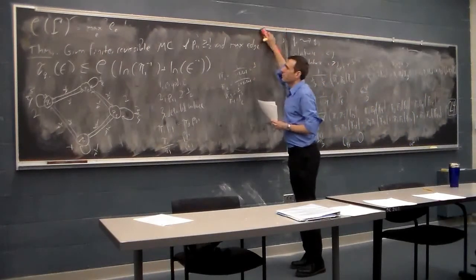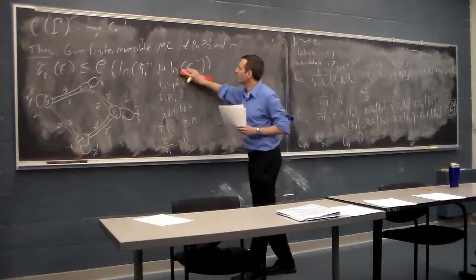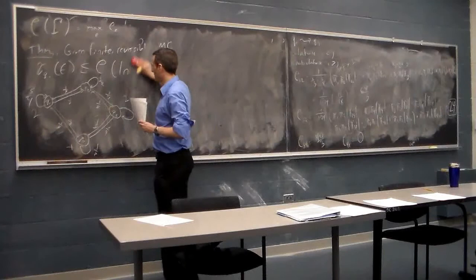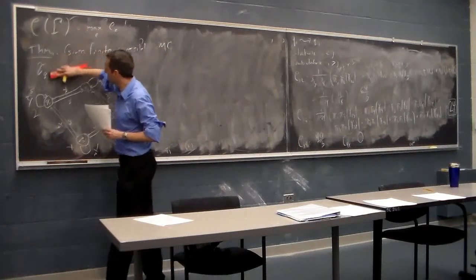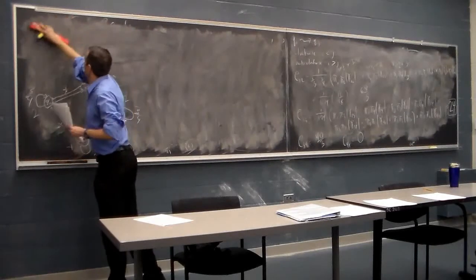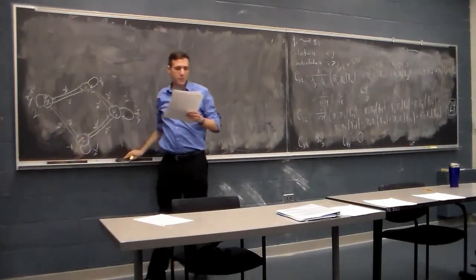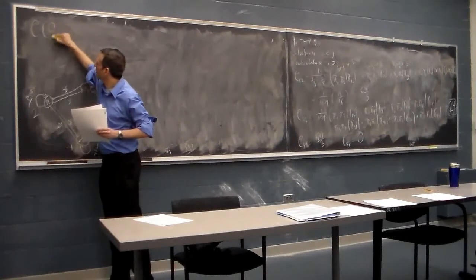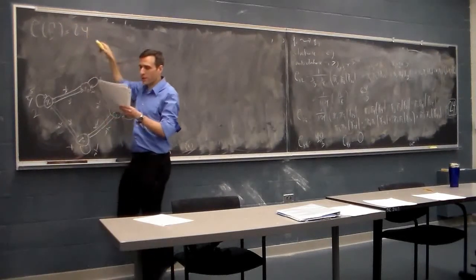Okay, so that pretty much gives us what we need to finish our proof of the mixing time bound for this model. And I'll leave this up here for a moment because we'll use that later. But basically what we've ended up showing is that the maximum edge loading, rho of gamma, is equal to 24.